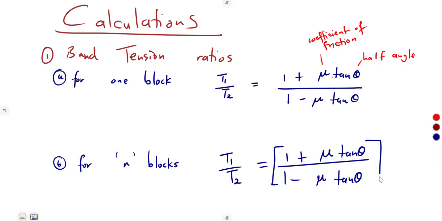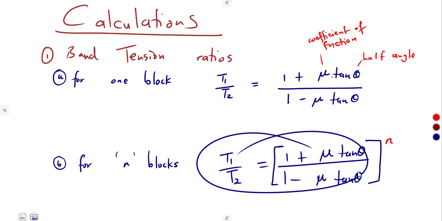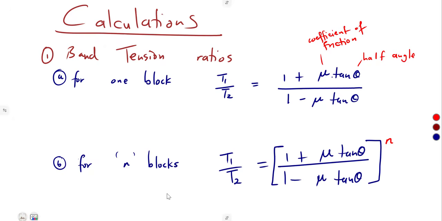So this has to be raised to the exponent n, the number of blocks. That is what we have now, where theta is a half angle. So theta is half the angle subtended by each block.